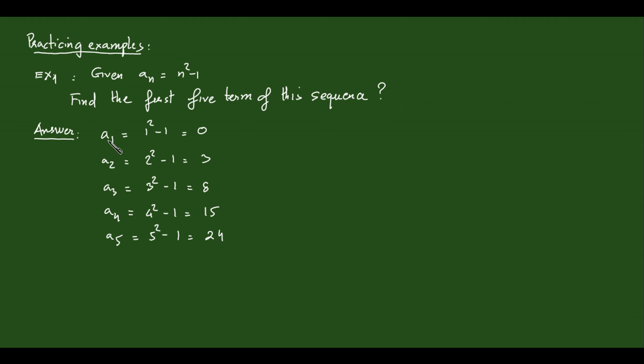So the first 5 terms of this sequence will be 0, 3, 8, 15, and 24. That is how you find the terms of the sequence. You just plug in 1, 2, 3, 4, 5, the first 5 terms.